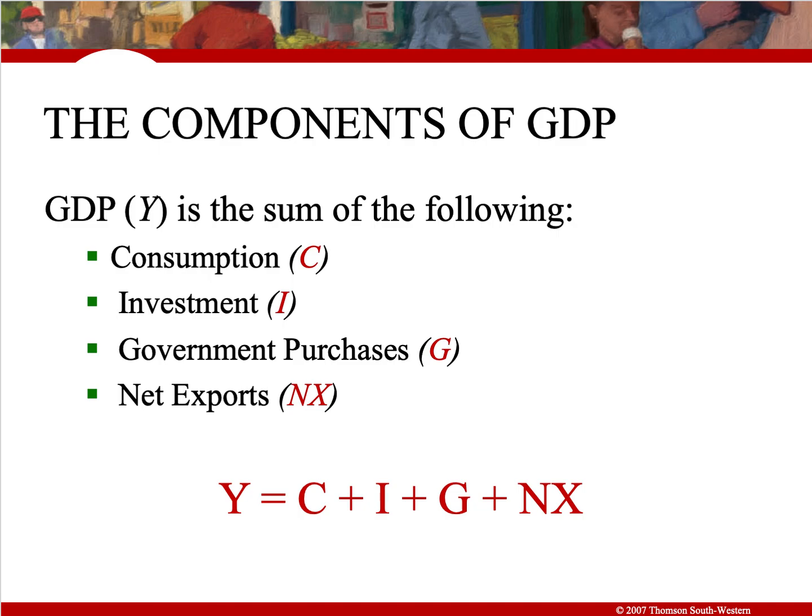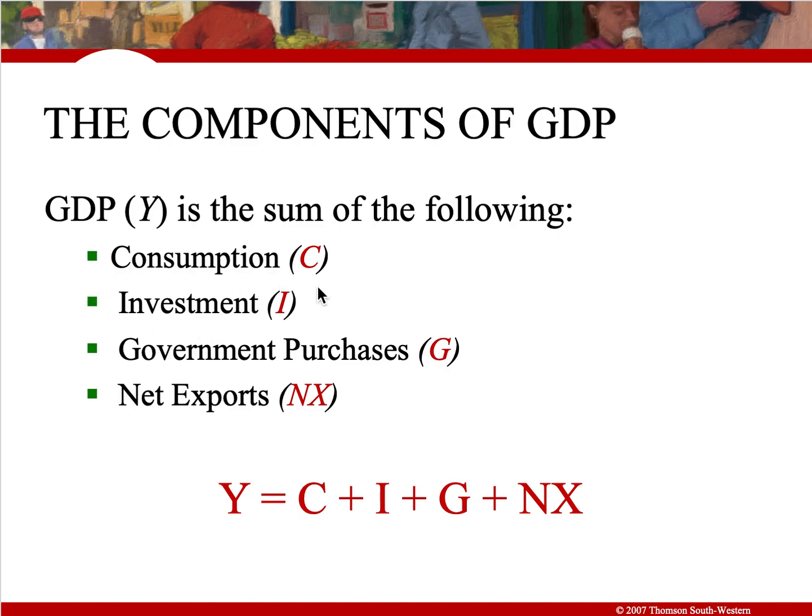Let's move on. Now we want to know the details of the components of gross domestic product. Technically, gross domestic product consists of four important components. The first component is consumption, or in Malay we call it penggunaan.